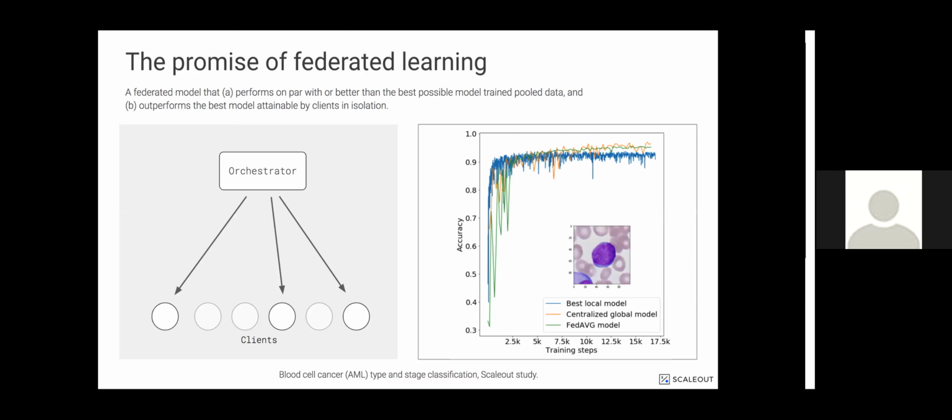Is it more cost effective or time efficient using these new methods compared to the best local model? Let me see if I understand the question. The fact that the best local model is worse here is because it sees less data, right? So that part is clear. But I wasn't exactly sure what you were asking there.